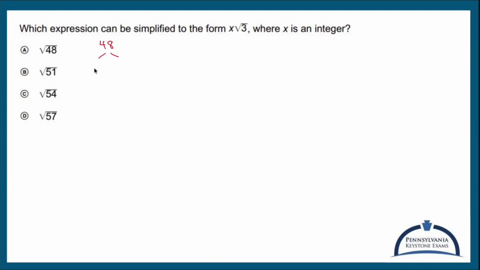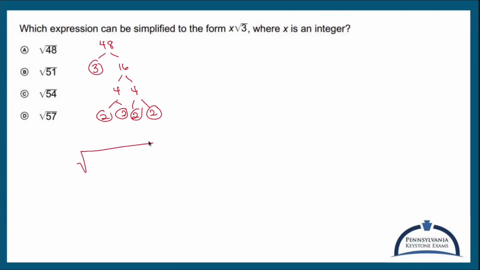So 48 can be, what, 3 and 16. 16 can be 4 and 4. 4 can be 2 and 2. So let's see what happens when we take the square root of 48.